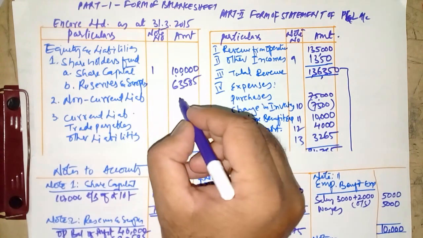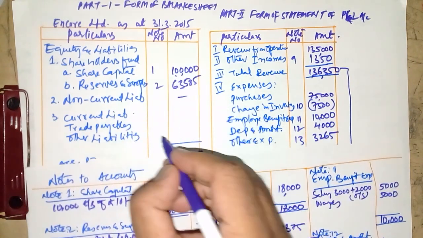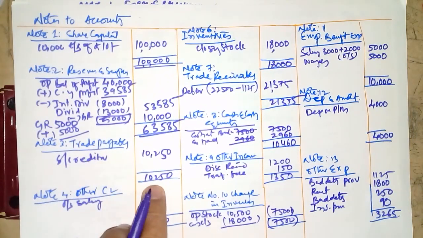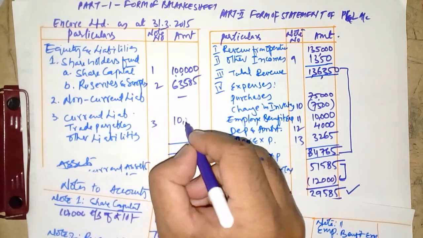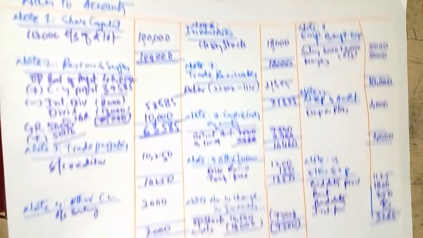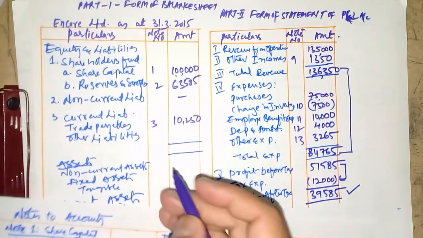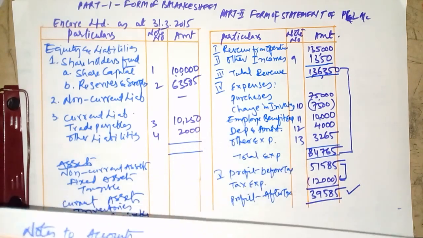Then non-current liabilities, we don't have anything. Under current liabilities, this is note number 2. Under current liabilities, we have trade payables 10,250. So note number 3, 10,250 is our trade payables. Then we have other current liabilities 2,000. So other current liabilities is note number 4, 2,000, right?